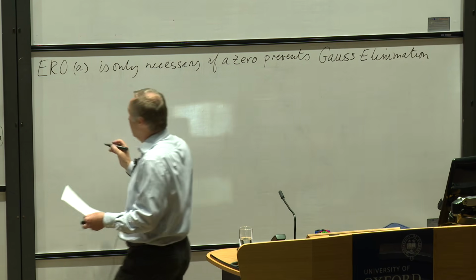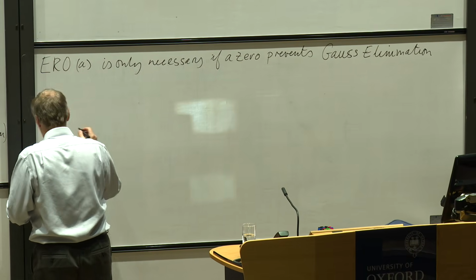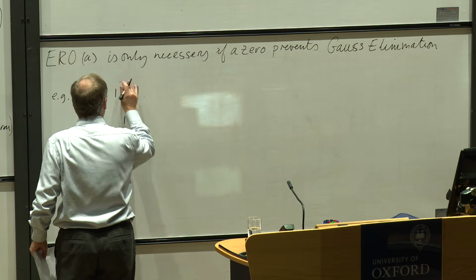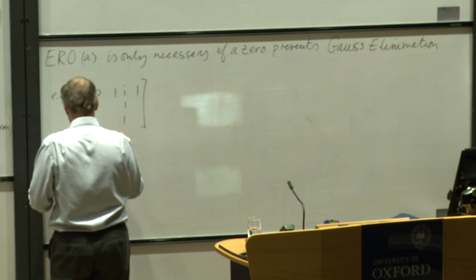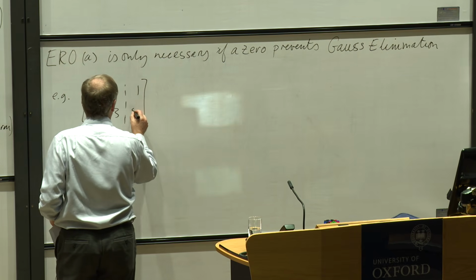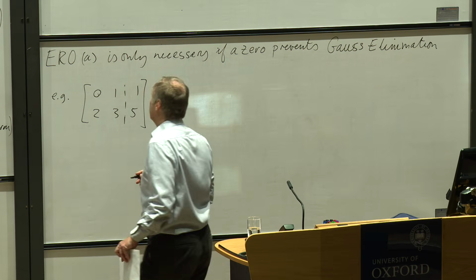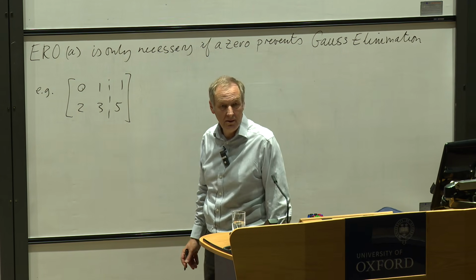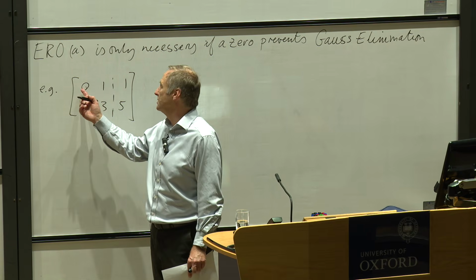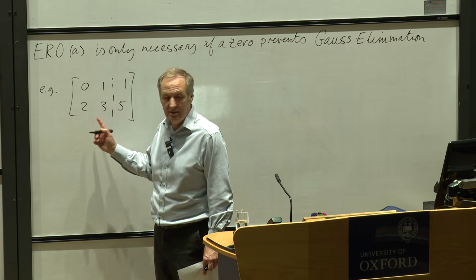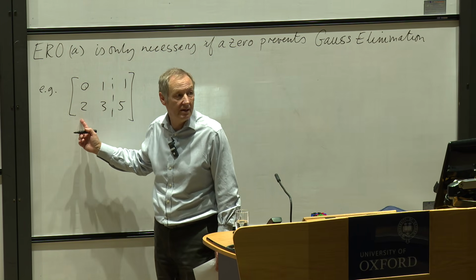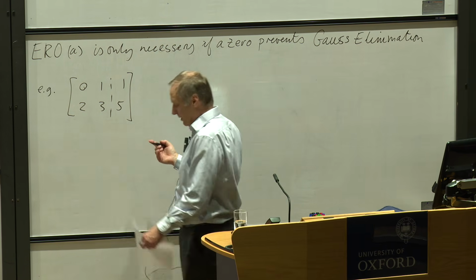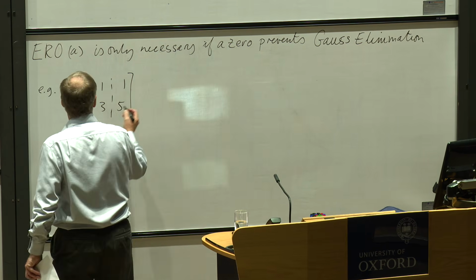So for example, if you have the equations 0, 1 | 1, and 2, 3 | 5. If you have this situation, then you can't do Gauss elimination because there's no multiple of this equation you can add to this one to make a 0 in this position, right? But that's not a problem. You just swap.